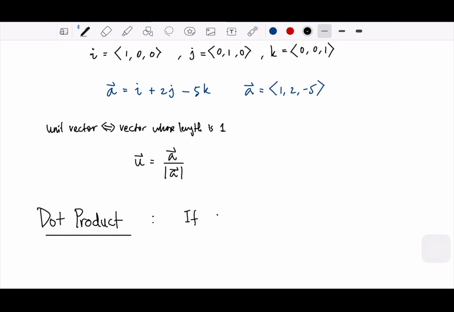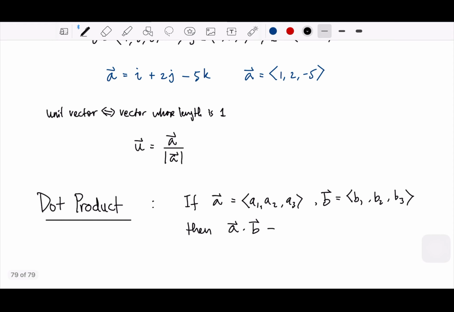Let's say we have two vectors, A and B. Then the dot product of A and B, you can write A dot B like that, is equal to a1 b1 plus a2 b2 plus a3 b3.